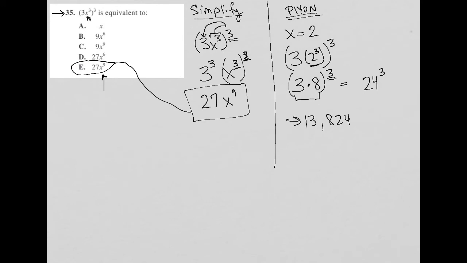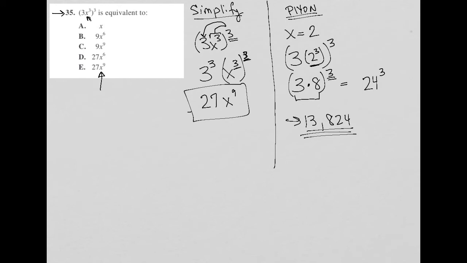The next step is then to go to my answer choices, just erase this for now, plug 2 into each of the x values for my answer choices and see which one of them gives me the 13,824 that I got by plugging 2 into the question.